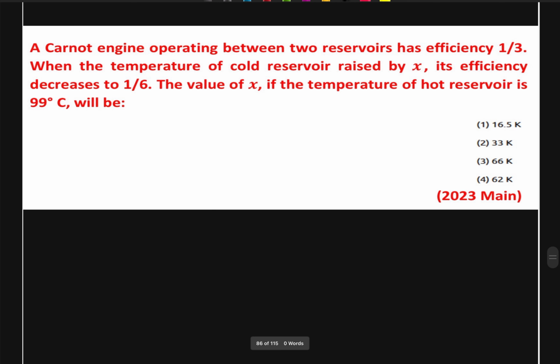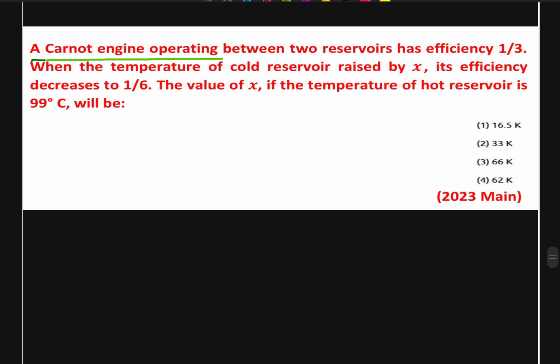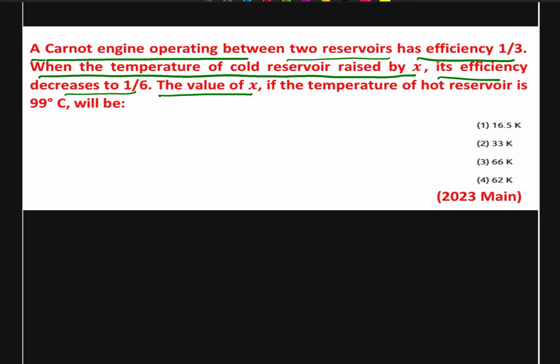It states that a Carnot engine operating between two reservoirs has an efficiency of 1/3. When the temperature of the cold reservoir is raised by x, its efficiency decreases to 1/6. The value of x is, if the temperature of the hot reservoir is 99 degree centigrade. So in this case we are having two conditions. One we can call initial, and another one we can call final.